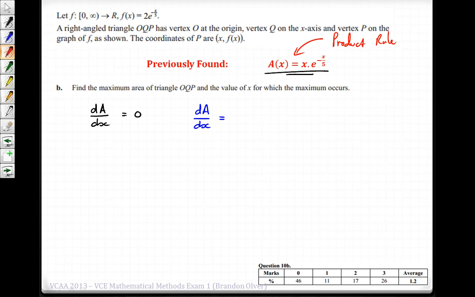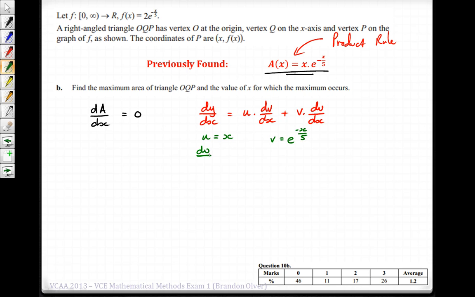And we know that our product rule says that dy dx equals u dot dv dx plus v dot du dx. And for this, we're going to use the substitution that u equals x and v equals e to the negative x on 5.